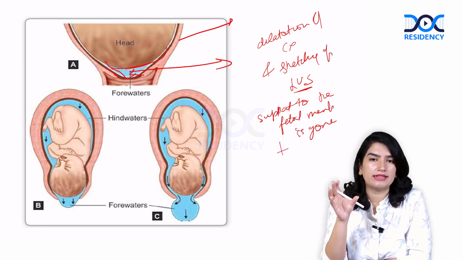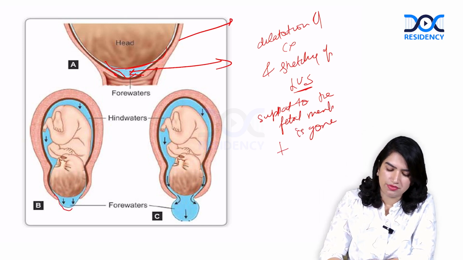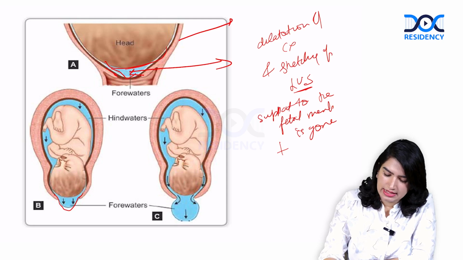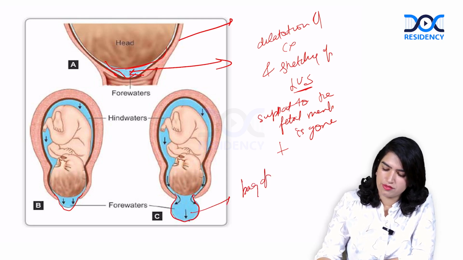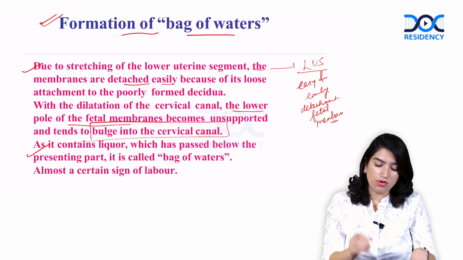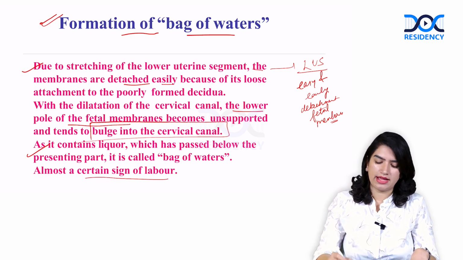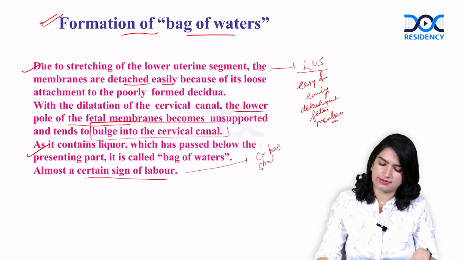So the membranes start detaching in the lower uterine segment. They start to bulge in front of the presenting part, and this is known as the bag of forewaters. So this bag of forewaters appearance is almost a certain sign of labor, and it tells you that the cervix has started to dilate.